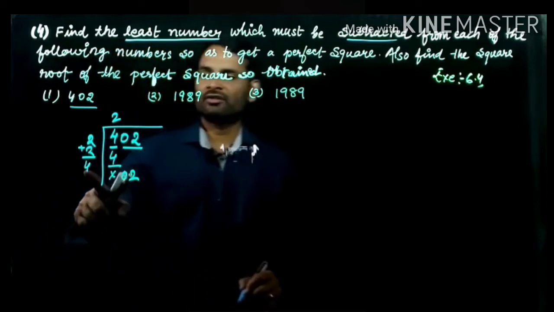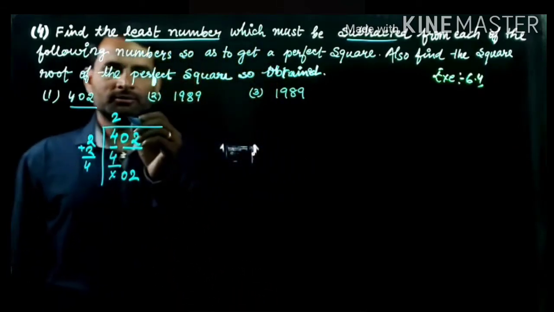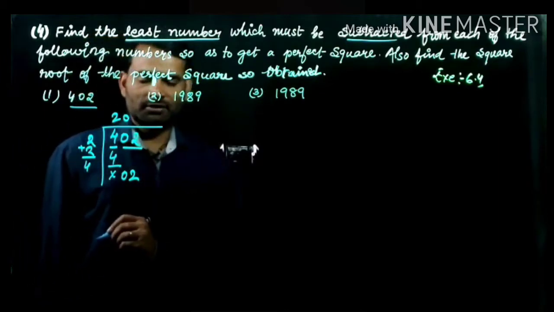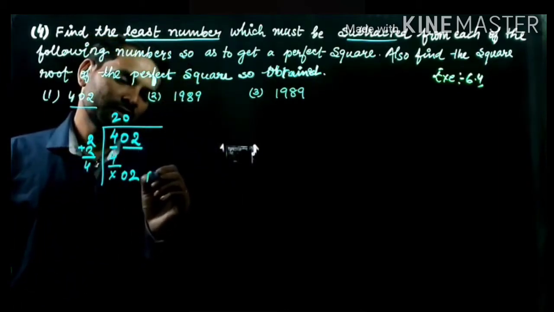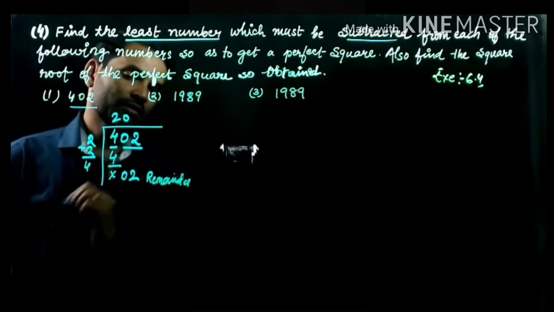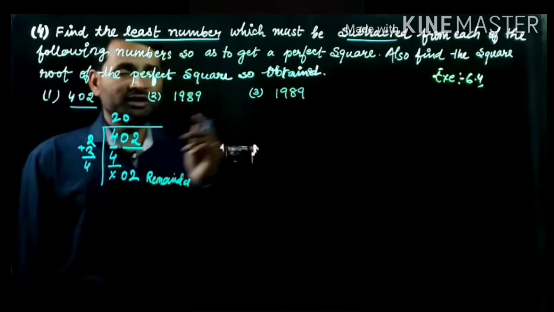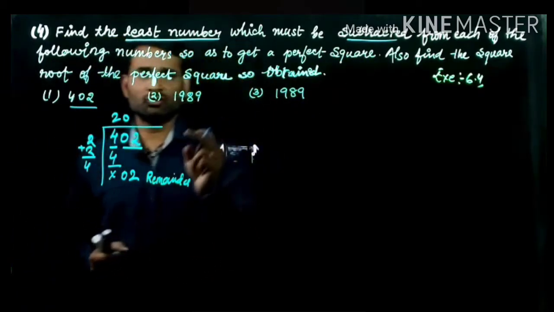Okay, and 4 is greater than 2, so this finishes with 0 times. Okay, so this is the remainder.